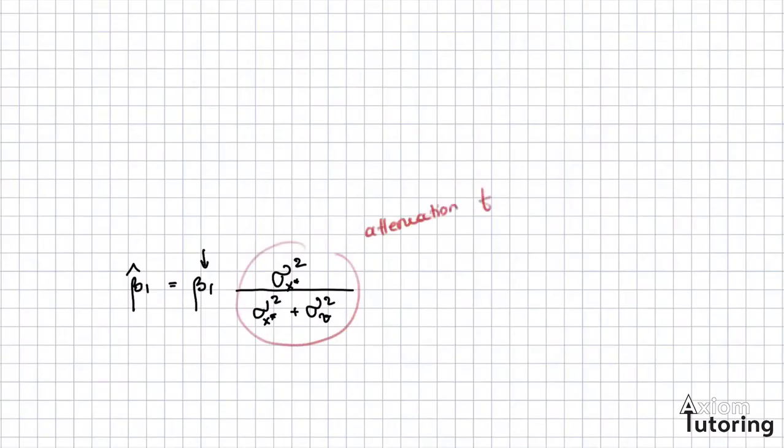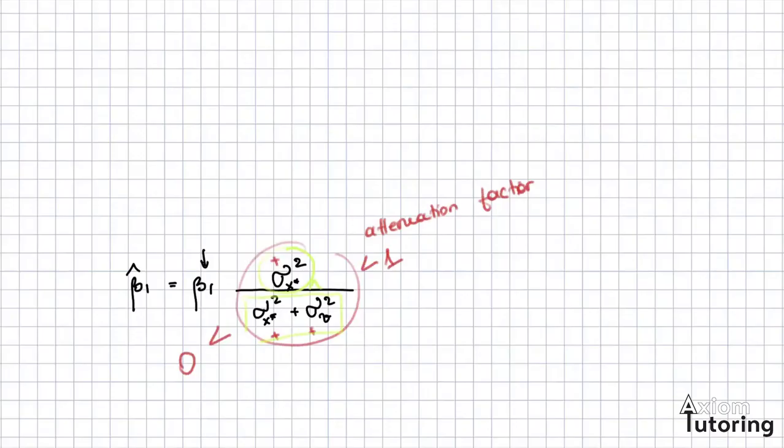And this ratio is between 0 and 1. It's obviously positive because all of the variances are positive, and it's less than 1 because the numerator in here is smaller than the denominator, okay?